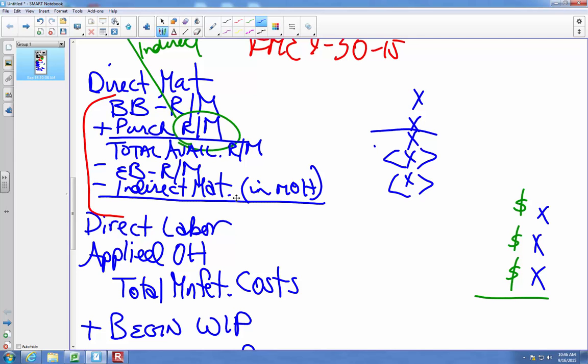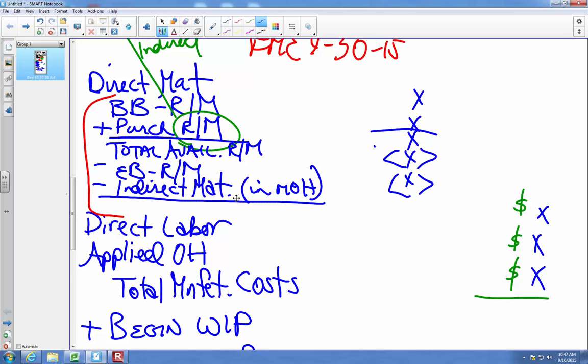What's your amount for direct labor? Oh, 360, okay. That makes more sense. 75,000. So what was your direct materials? All of your raw materials. Is that what you're asking? Yeah, that's your beginning balance.